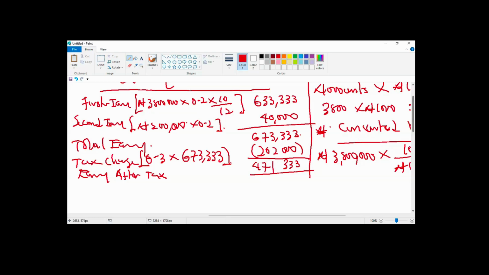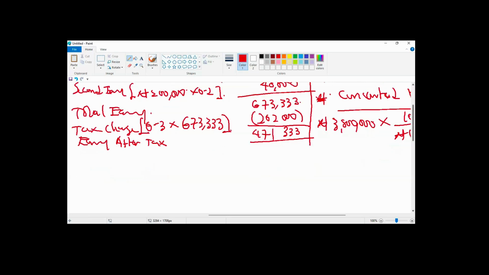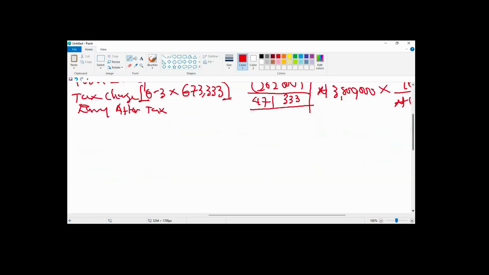Conversion to shares. How do I convert to shares?